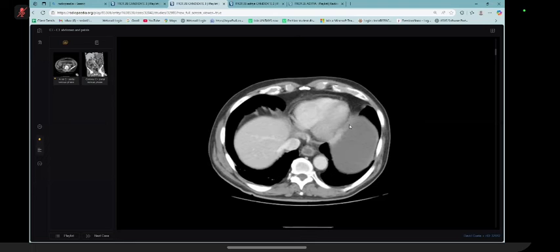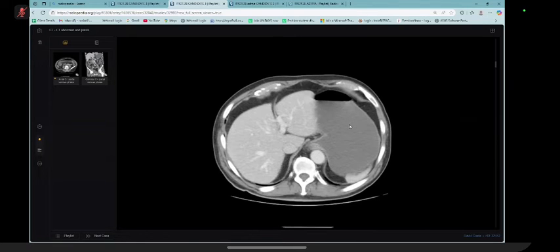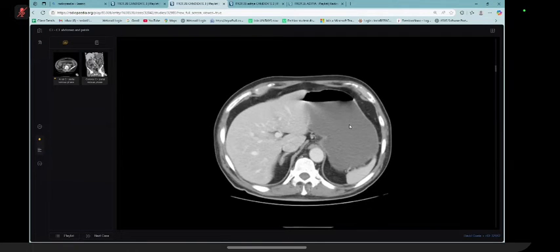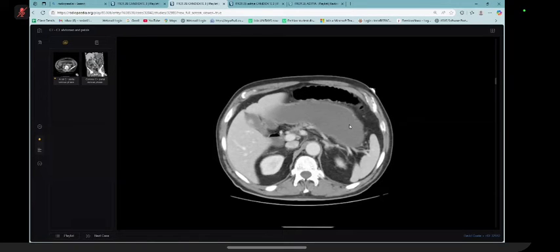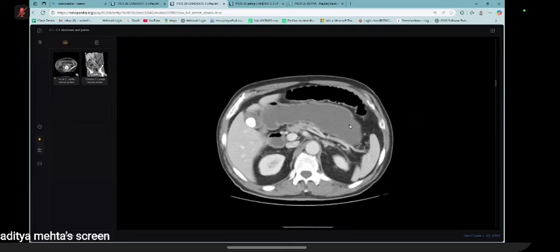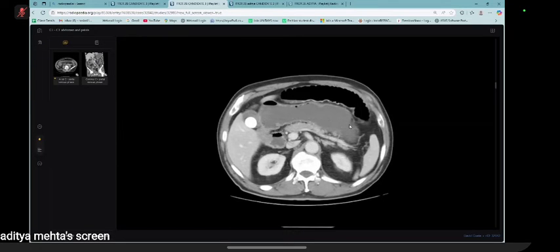Okay. I've been provided with axial cut CT abdomen with contrast, portovenous phase, for a patient coming to the ED with suspected intestinal obstruction.